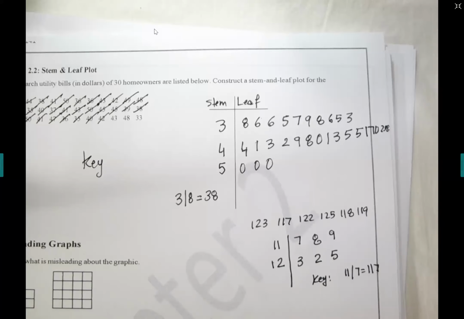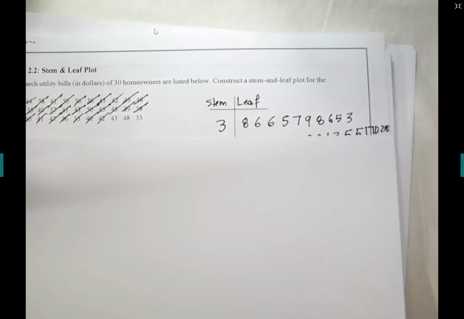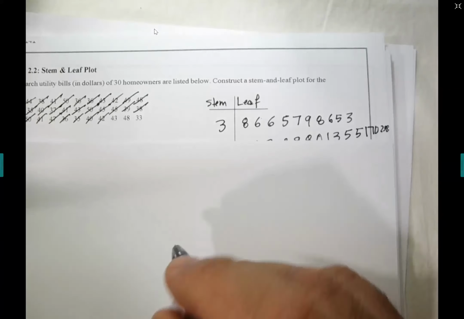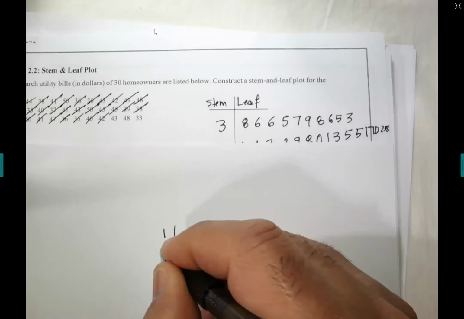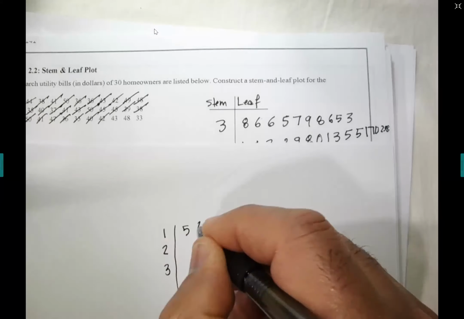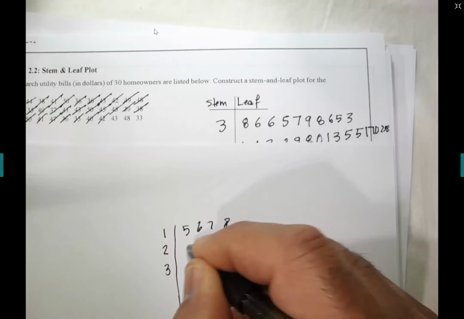I'm going to show you this example I put on the test last semester, and many students did not give the correct answer, although it was a very, very easy question, because students did not read the whole thing. Watch. I had this. I'm just going to make this up to give you an idea.